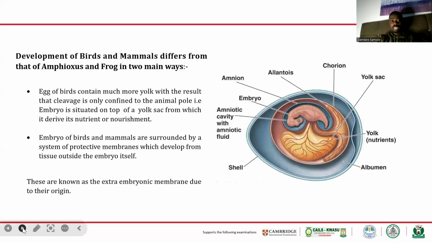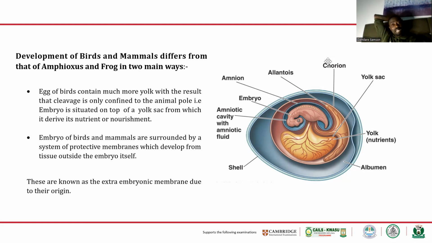Okay, thank you. I think this will be the last topic under this, which is the development of birds and mammals. Development of birds and mammals differs from that of amphibians and frogs in two main ways.